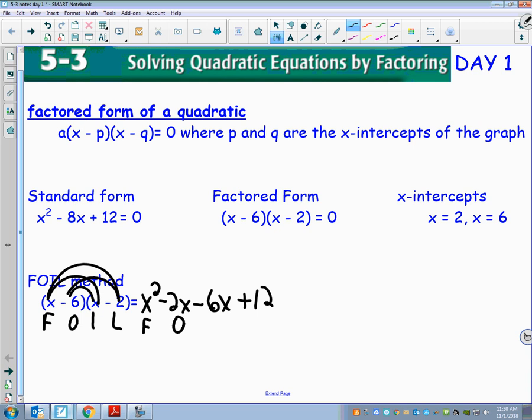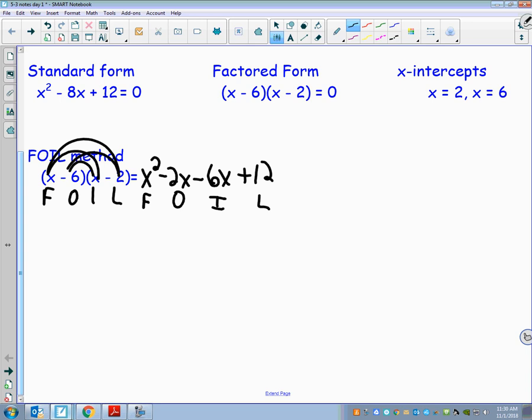This was the outside terms. This was the inside terms. And this was the last term. So that's where that term FOIL comes from. And then usually you can add the O and I together. So negative 2x minus 6x is negative 8x plus 12. That's how we multiply it together.